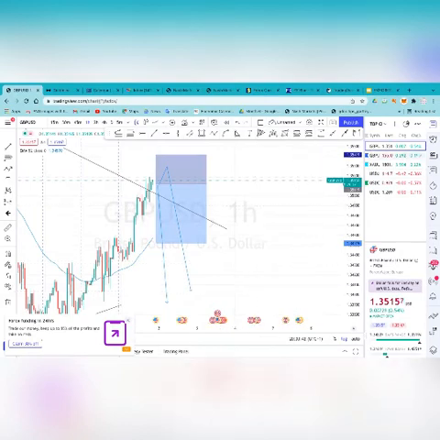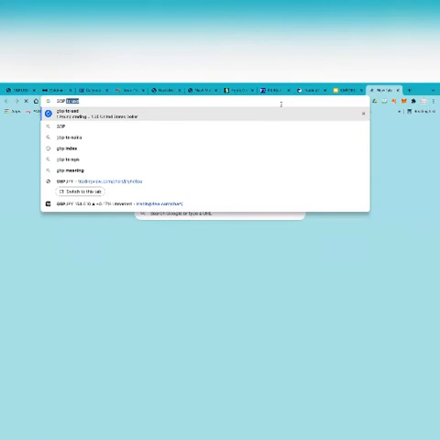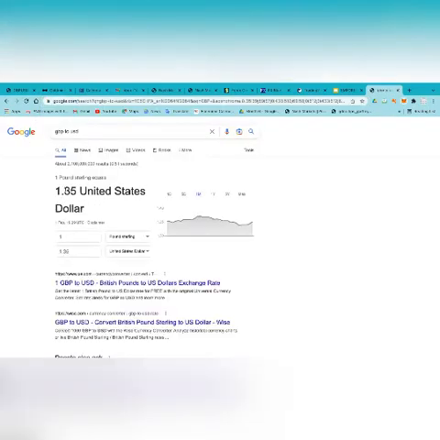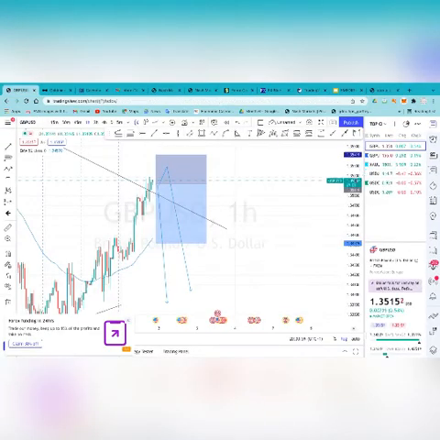But let's say for Google now, for instance, let's check the price of the pound on Google. You can see it is $1.35. So the pip value behind here will actually not be included.